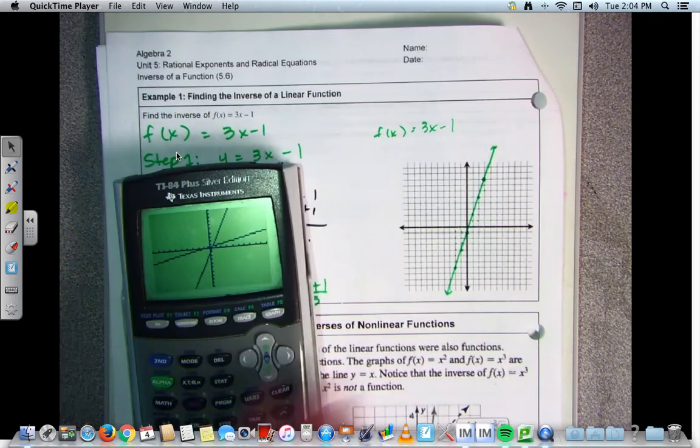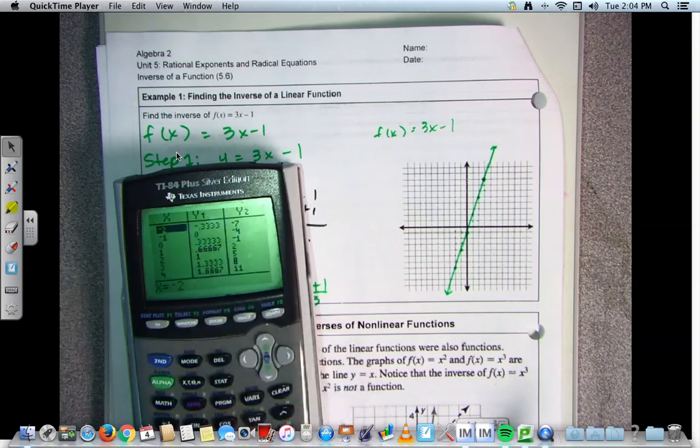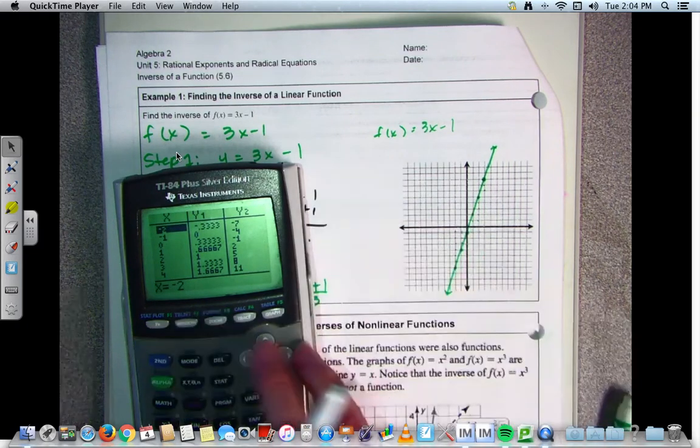So I'm going to look at my table of values and plot this one. I'm looking for whole numbers that are nice.